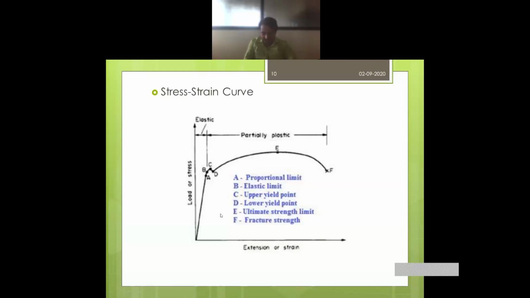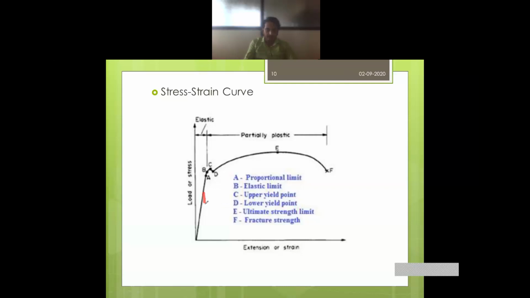Where? In the elastic state. See here, this portion from 0 to A, the curve is linear. Linear means there is a straight line. Here if I draw a slope, I will put a small triangle: vertical line, horizontal line, horizontal line and vertical line. See here like this.